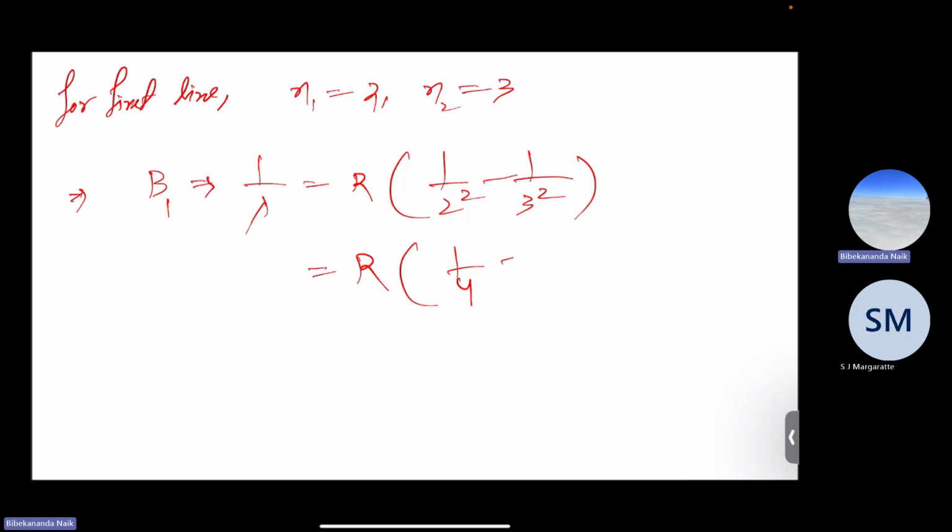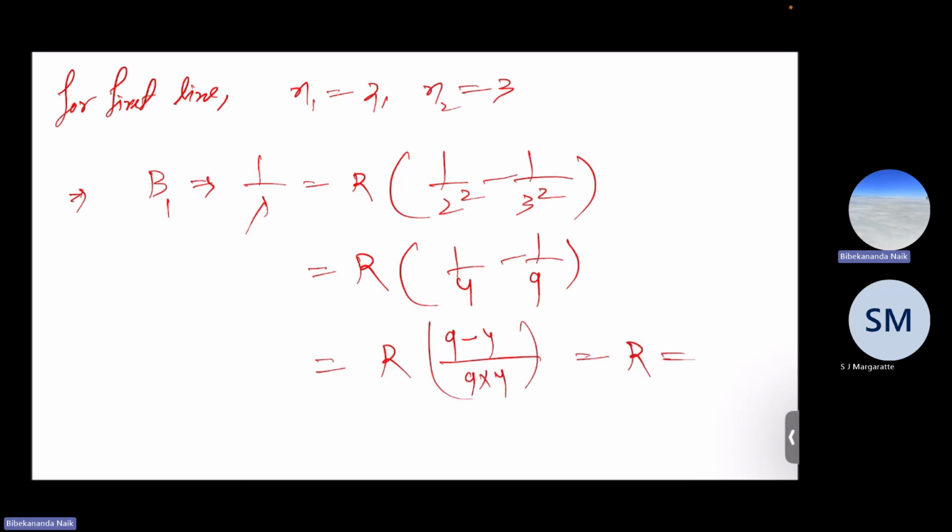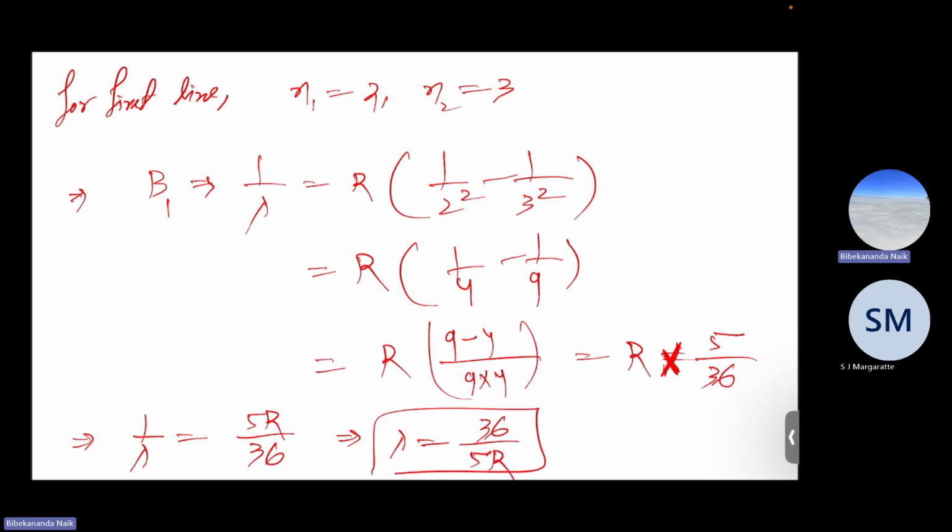So R times 1 by 4 minus 1 by 9, which is R times 9 minus 4 by 9 into 4. So it is R into 5 by 36. So 1 by lambda is 5R by 36. That implies lambda is 36 divided by 5R.